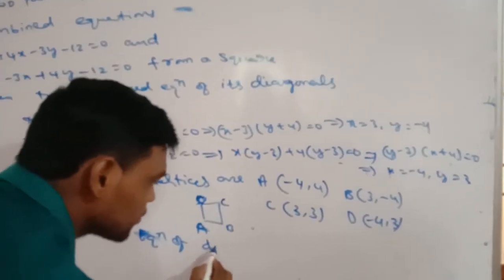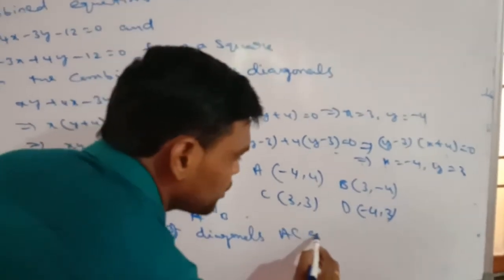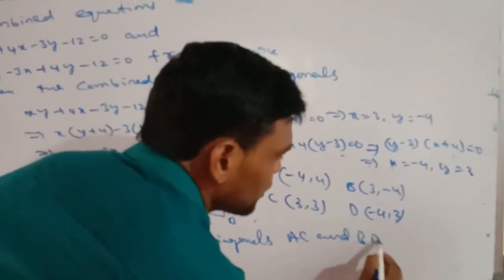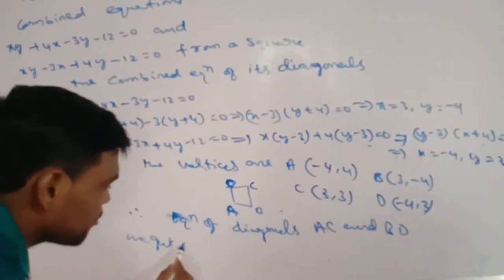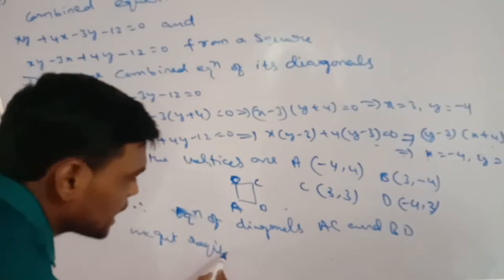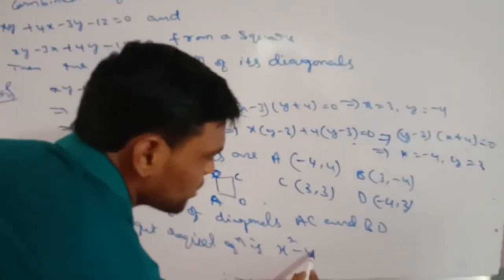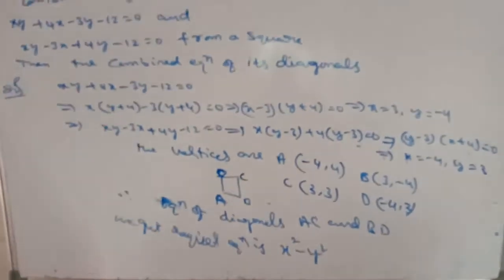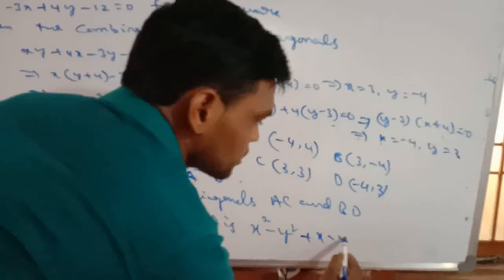That is the combined equation of diagonals AC and BD, we get the required equation. The required equation is x square minus y square plus x minus y is equal to 0.